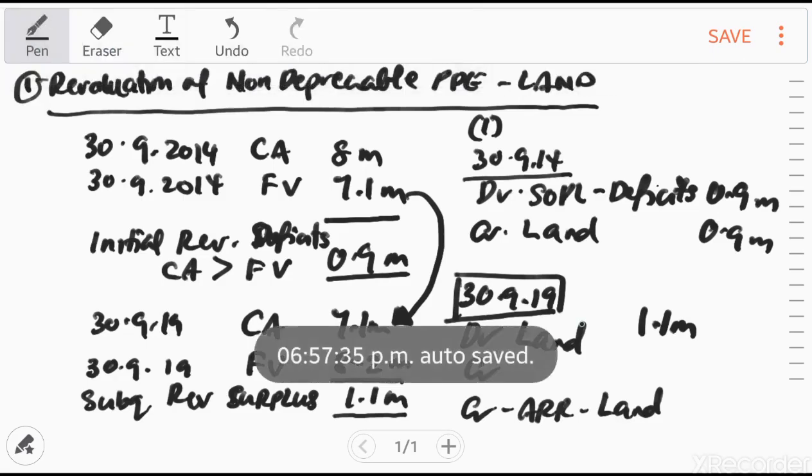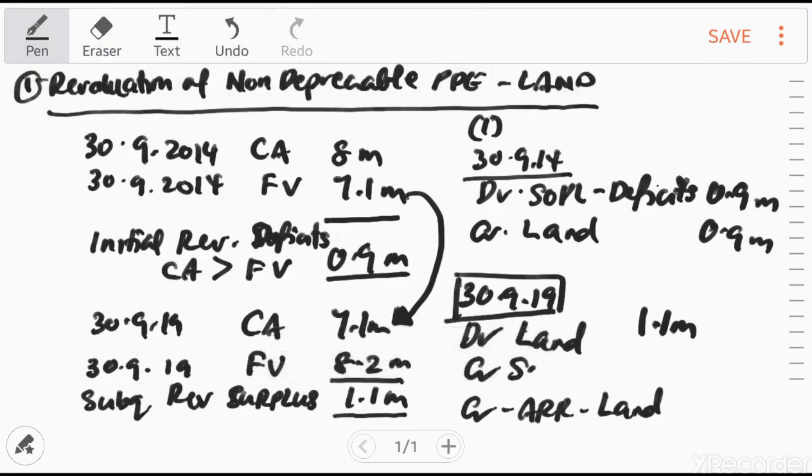So therefore, you will credit this to the SOPL. When you credit to the SOPL, it is under other income. I put there OI. And you can only offset to the maximum of 0.9 million. So meaning to say that if you have 1.1 million, 0.9 million shouldn't be credited to the ARR, but it must be credited to the other income in the year 2019 under your statement of profit or loss.